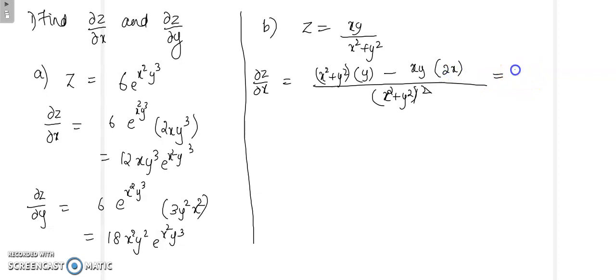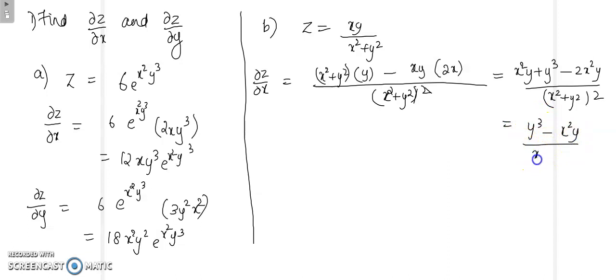So you will get x square y plus y cube minus 2 x square y by x square plus y square whole square. So that will be y cube minus x square y by x square plus y square whole square.